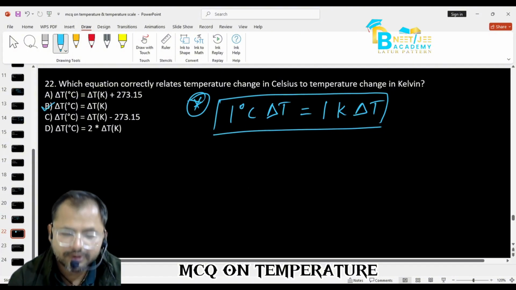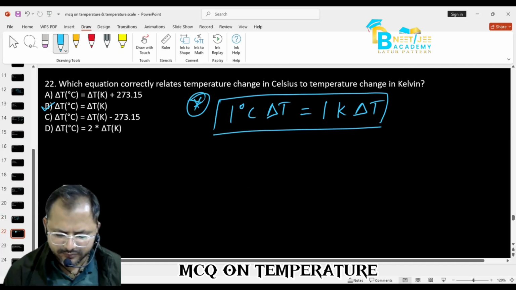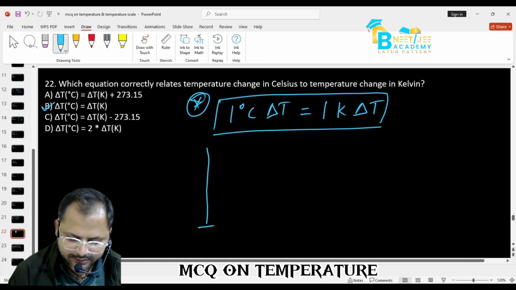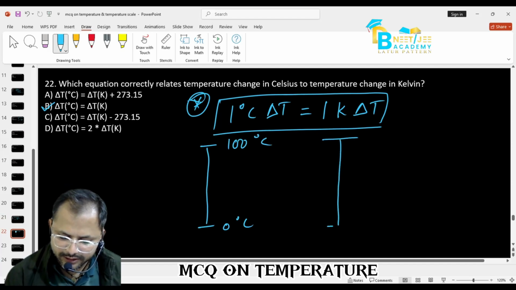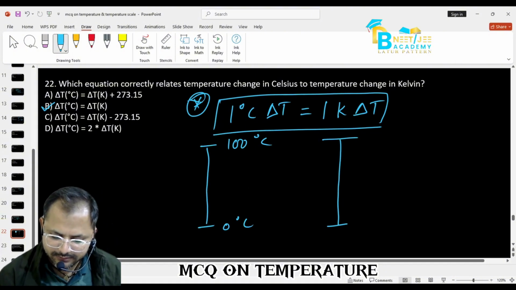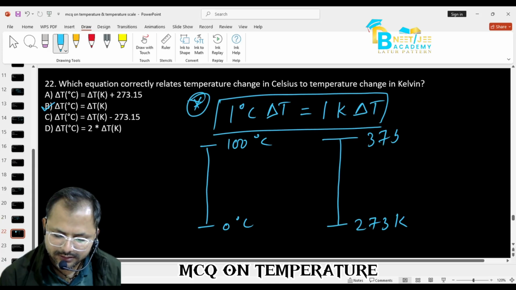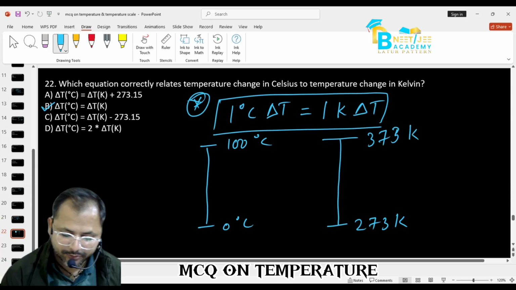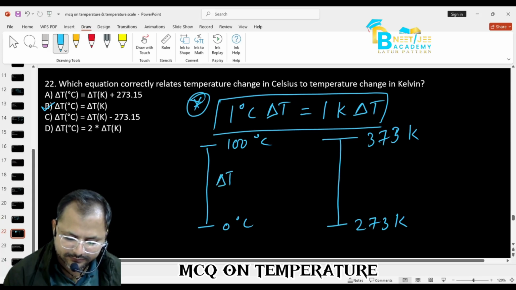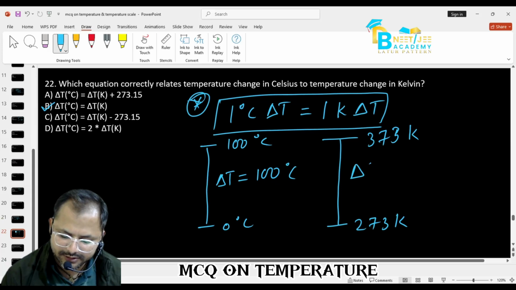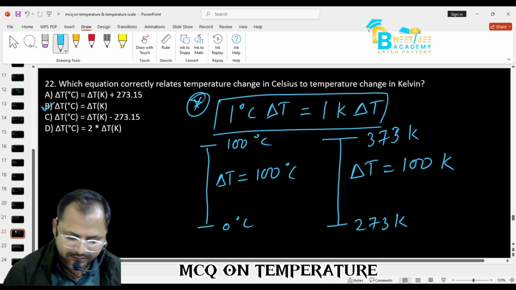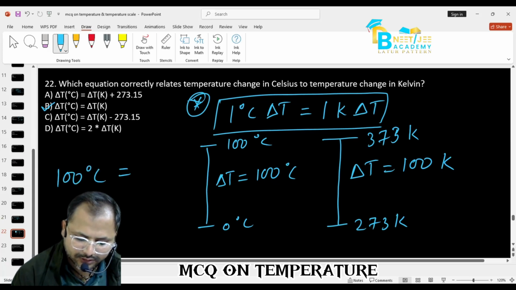ठीक आहे. We will see in depth. बघा, हे सेल्सिअस स्केल 0 डिग्री सेल्सिअस आणि हे 100 डिग्री सेल्सिअस. आणि हे केल्विन स्केल आहे, याच्यामध्ये आईस पॉइंट 273 केल्विन, बॉइलिंग पॉइंट 373 केल्विन. याचा टेम्परेचर डिफरन्स किती आहे? 100 डिग्री सेल्सिअस. याचा टेम्परेचर डिफरन्स 100 केल्विन आहे. तर इक्वेट केलं आपण, 100 डिग्री सेल्सिअस इक्वल टू 100 केल्विन, तर 1 डिग्री सेल्सिअस इक्वल टू 1 केल्विन.